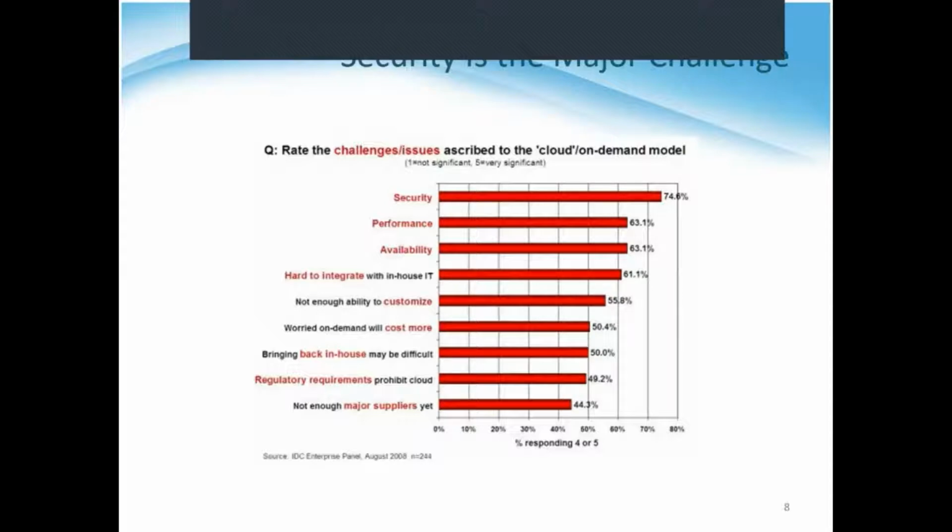Many people face the problem, even in automobile, in medical field, in IT sector, in banking sector. Every sector has the issue in security. Apart from performance, availability, and in-house IT, not enough ability to customize, cost more, in-house regulatory requirements, major suppliers. Apart from all these, security is one of the major concerns.